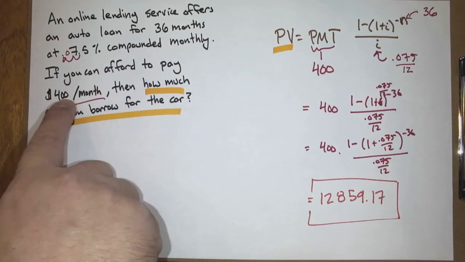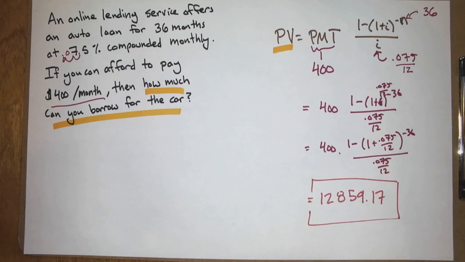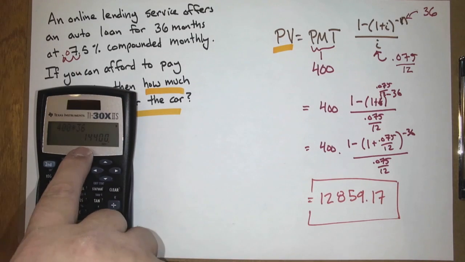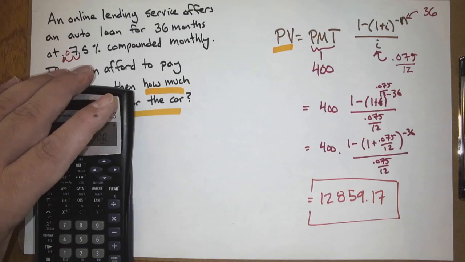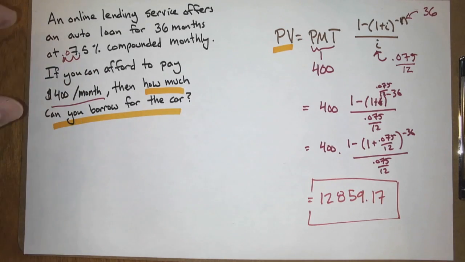Well, you could take the $400 a month for 36 months. And that says you're paying $14,400 over the next 3 years for the ability to have $12,859 today. And again, these are reasonable numbers. So you're paying a little bit more over time to get money today. All right. Any questions?